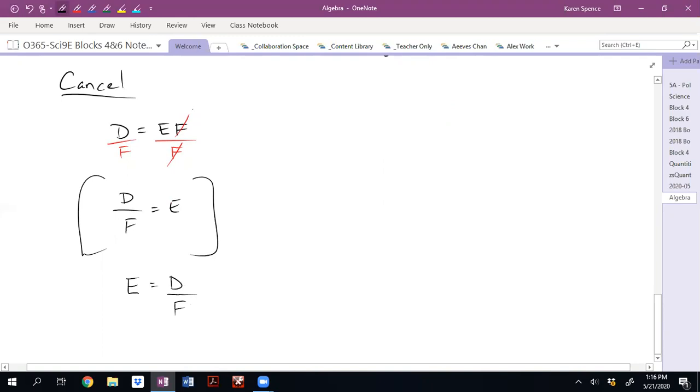All I've done is I've rewritten this without the crossed out bits. And then I've put it so that the thing I'm solving for is on the left.